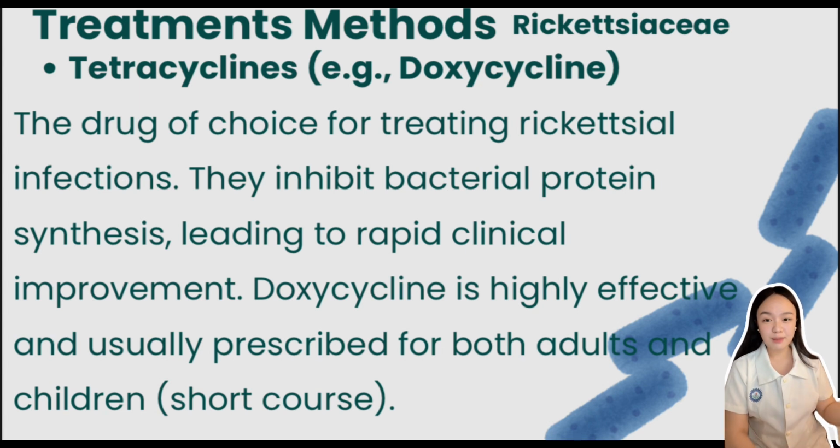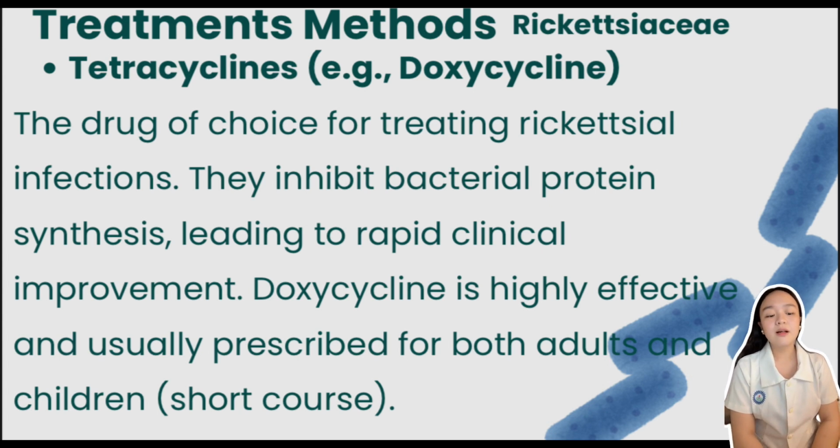So, mas mabilis yung paggaling ng mga patients na meron nitong bacteria na to. And yung isa sa nire-reseta is the doxycycline. It is highly effective and usually prescribed for both adults and children para sa mabilis ang paggaling.